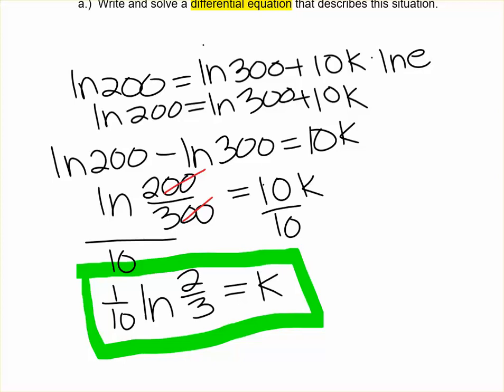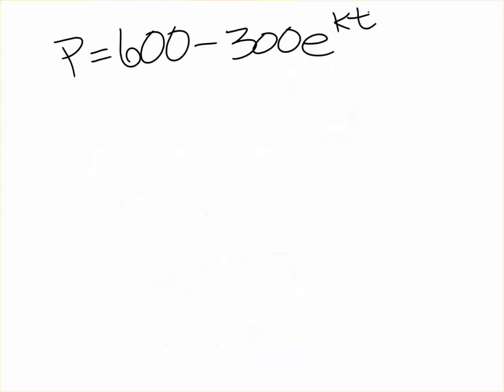We're now going to substitute k into the previous equation we had. If you scroll back up to your work, you're going to find that equation where we wrote P equals 600 minus 300e to the kt. Well, now we know k.